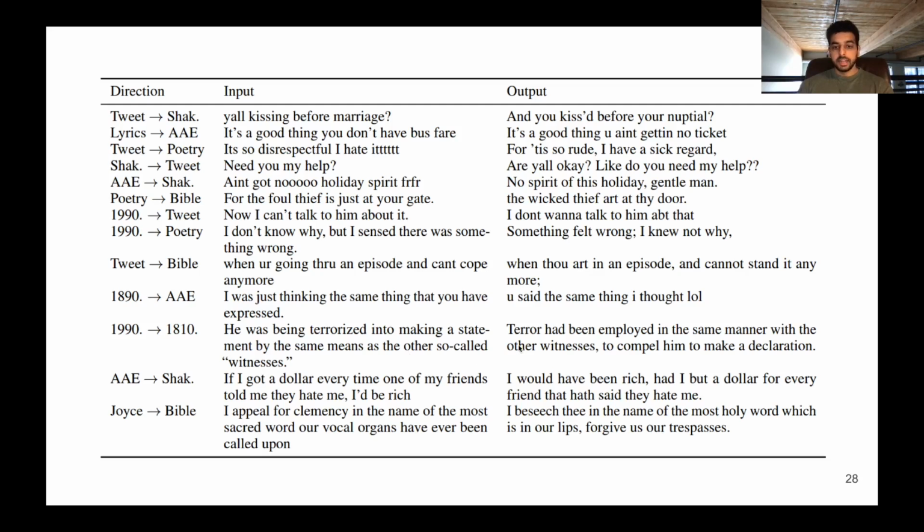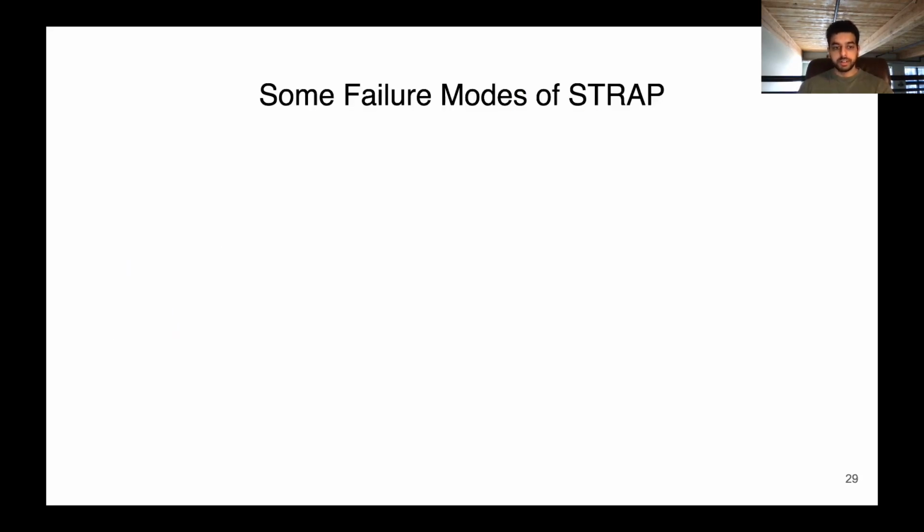And in 1810, if you wanted to write this sentence, our model produces, "terror had been employed in the same manner with the other witnesses to compel him to make a declaration." So you can see that it's doing a fairly good job at preserving the meaning and also transferring the style. This is not to say that our model is perfect, but it is doing a fairly reasonable job.